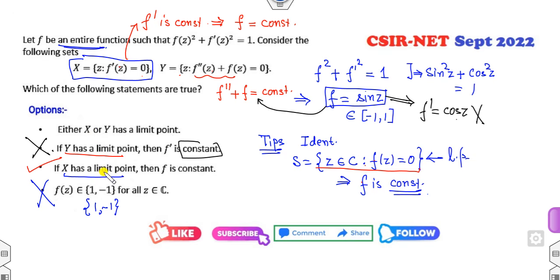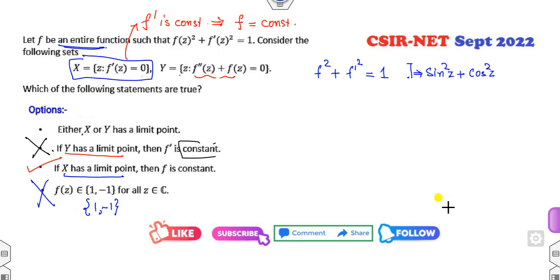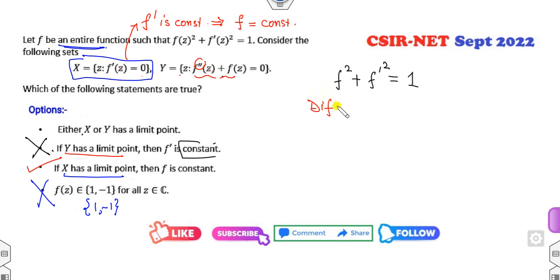Now clearly, either x or y has the limit point. But how can you prove that it is actually the limit point? That means we need to prove whether this is 0 or this is 0. That's again very simple. It is my 1. Since we need the second derivative, I can differentiate this.